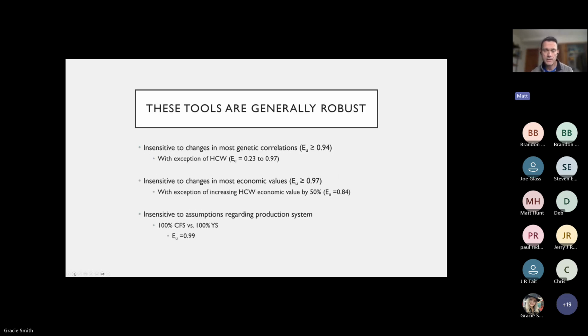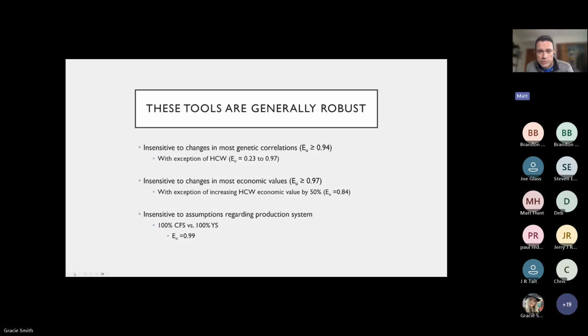And the two traits, well, really the one trait I pointed out here was hot carcass weight. That's HCW. This EU is efficiency. So 1 is the maximum value. It means that whether I use certain values or different values in the construction of my index, if the efficiency is 1, it didn't matter, right? I'm going to make the same selection decisions, make the same amount of progress.